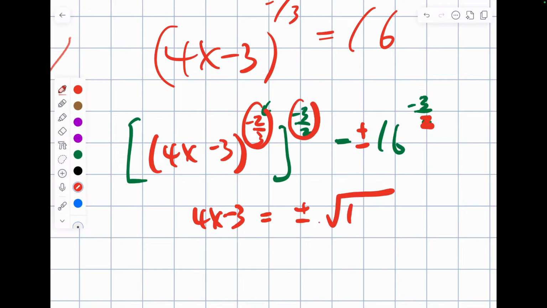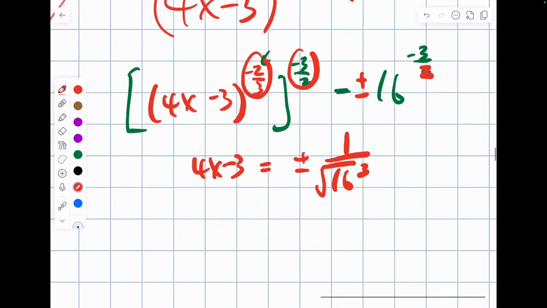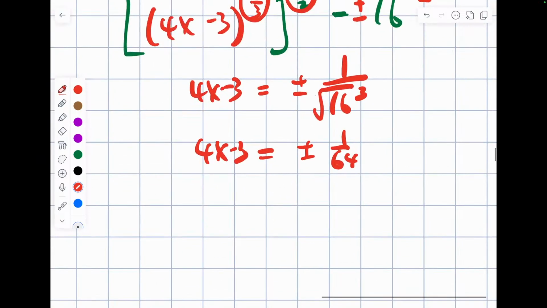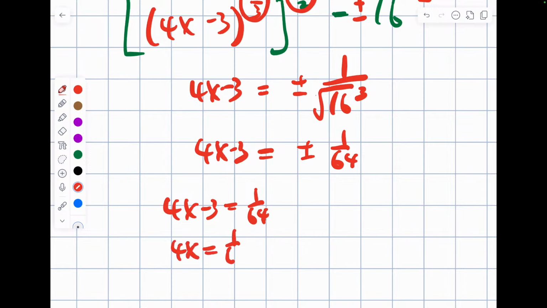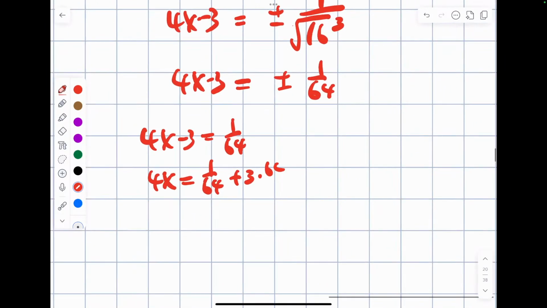So it's going to be plus 4. So it'd be the square root of 16. Wait, no, hold on. It's 1 over 16 to the 3/2. So that's equal to plus minus 1 over 64. So 4x minus 3 is equal to 1 over 64. So 4x equals 1 over 64 plus 3, which is 192 over 64 because we combine fractions.